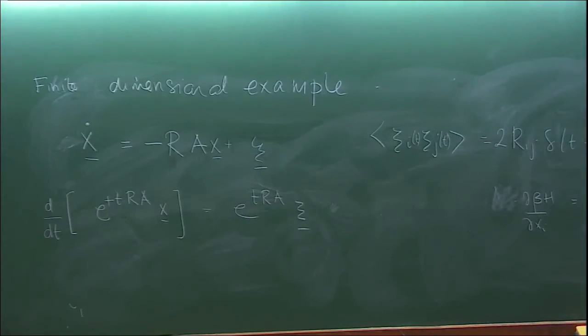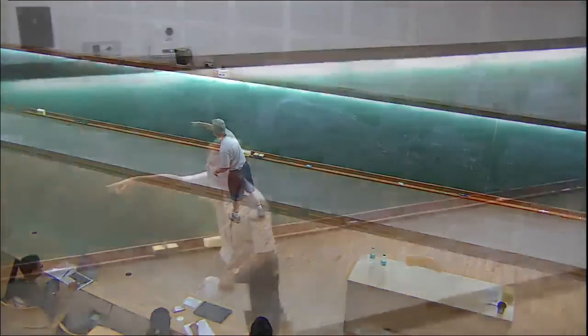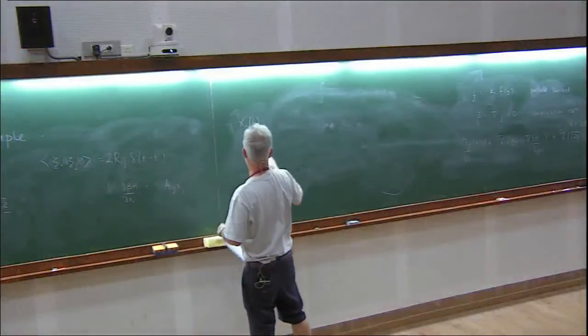And so now I can solve that equation. The solution to this equation, if I write it out in components, x_i(t): I integrate this and then I multiply both sides by e^(-tA).